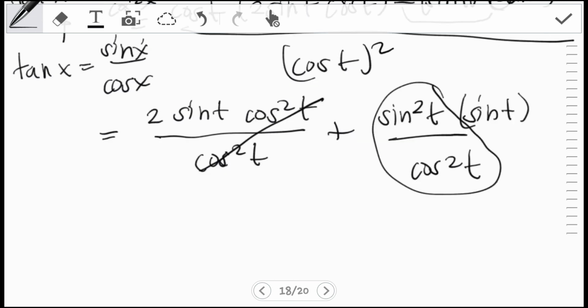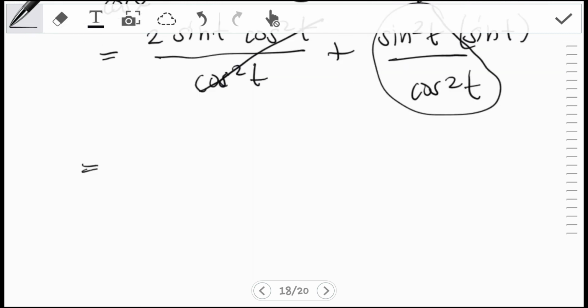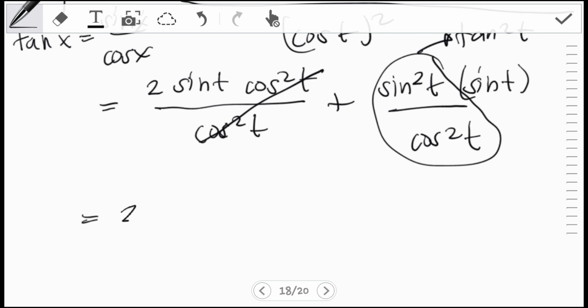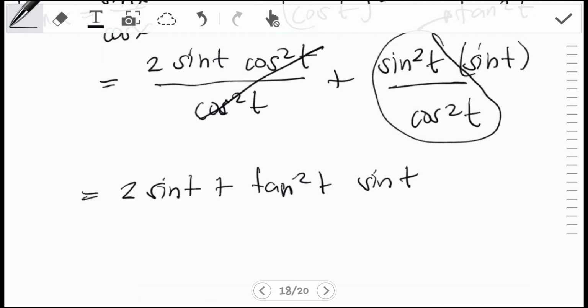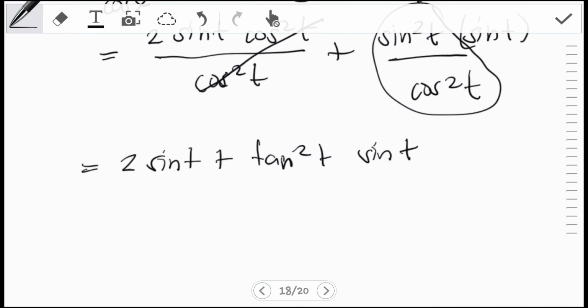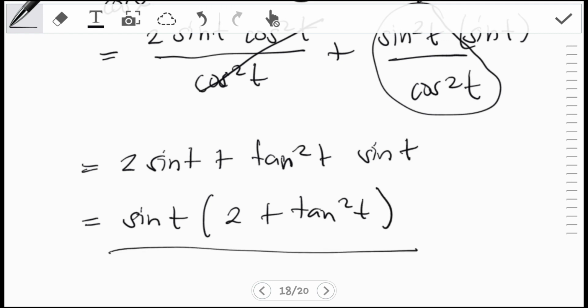So this is equivalent to 2 sine t plus tan squared t times sine t. Or is equal to sine t times 2 plus tan squared t. Okay, so that is the final answer.